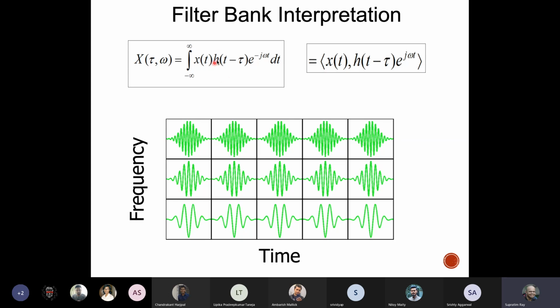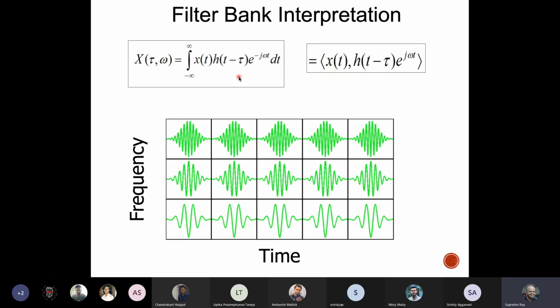It's the product of the window, which is the same shape here, multiplied by a complex exponential, which gives it this oscillatory thing. Essentially what I'm checking here is how well my signal x(t) is matching with this windowed function here.